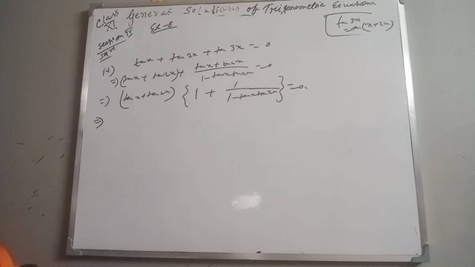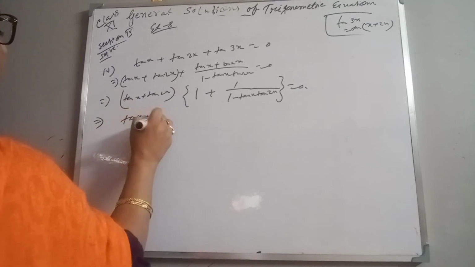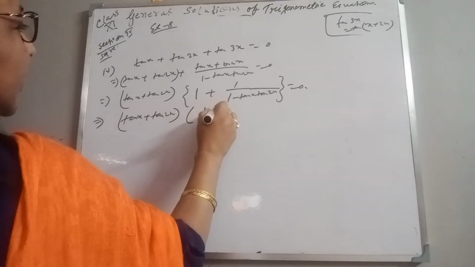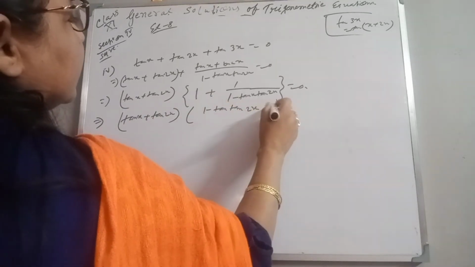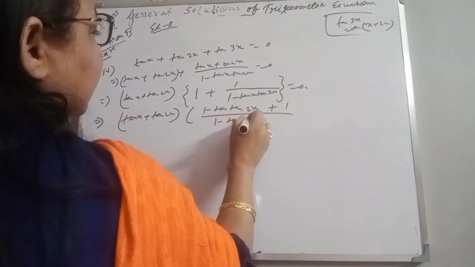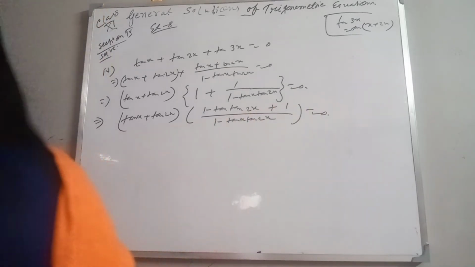Okay. So it is coming tan x plus tan 2x into 1 minus tan x tan 2x plus 1 by 1 minus tan x tan 2x is equal to 0.